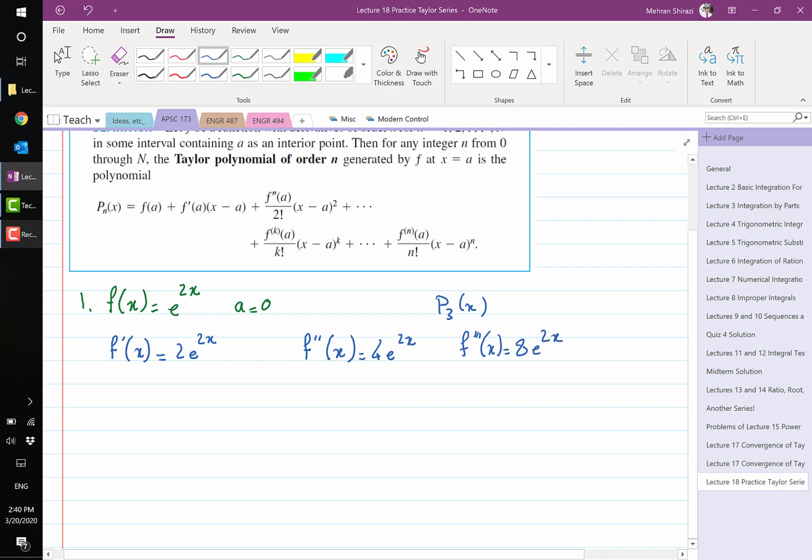Okay, we need to evaluate these at 0 because the center is 0. Here we need f of a, so we need f at the center. Center is 0 in this example, so what we need is f of 0. F of x is e to the power of 2x, so f of 0 is e to the power of 2 times 0, which is e to the power of 0, which is 1.